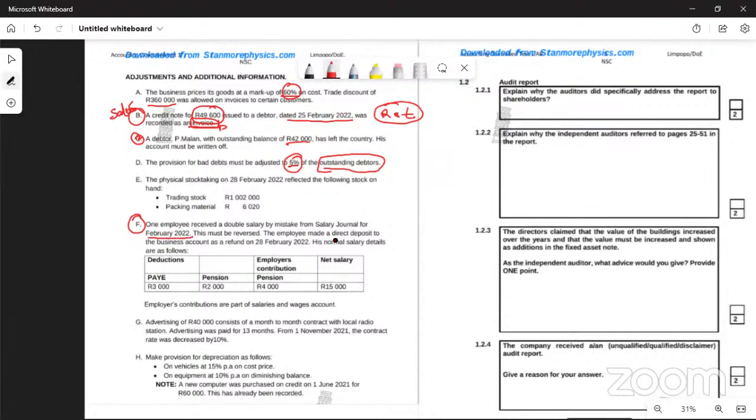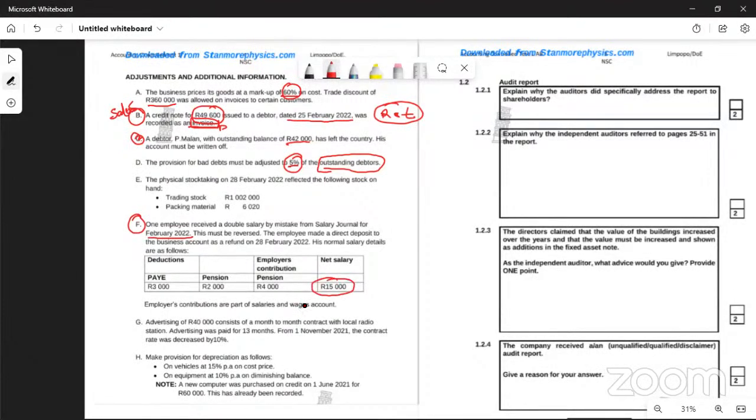The employee made a direct deposit to the business account as a refund on 28 February 2022. His normal salary details are as follows: pay as you earn is 3,000, pension fund is 2,000, employer contributions are 4,000, and net salary is 15,000.